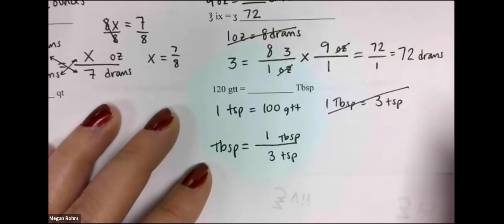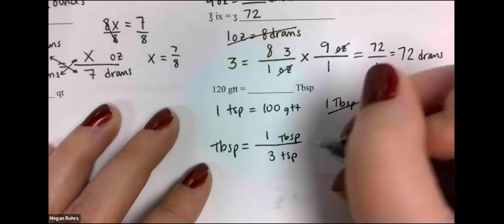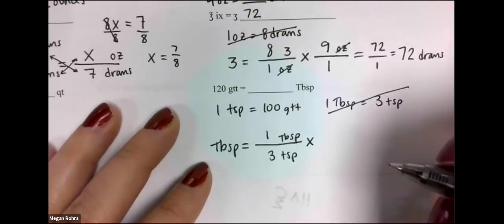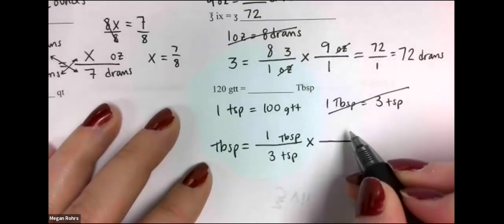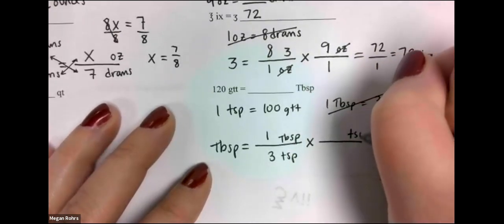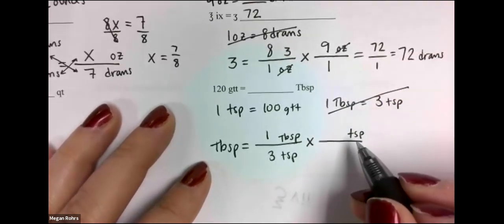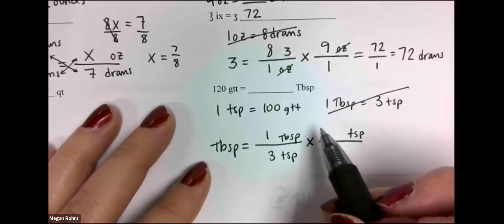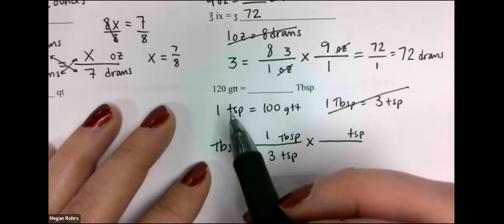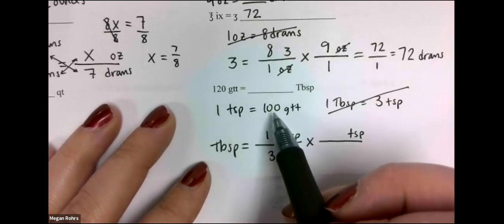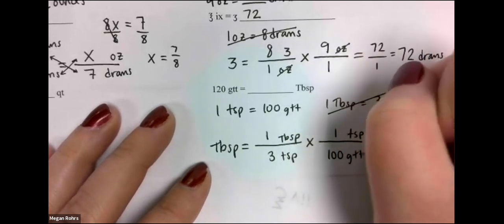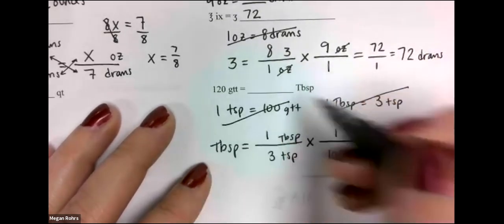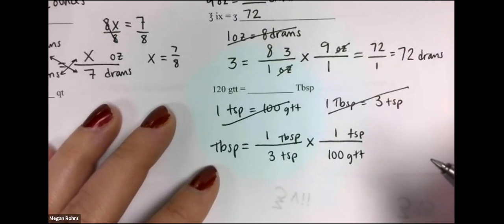So I've used that one now. Now we're going to follow this with a multiplication sign and then a fraction that has this denominator up here in the numerator. So now, once again, what do I know about teaspoon? Well, I know that 1 teaspoon is equal to 100 drops. So now I've used that second conversion factor.